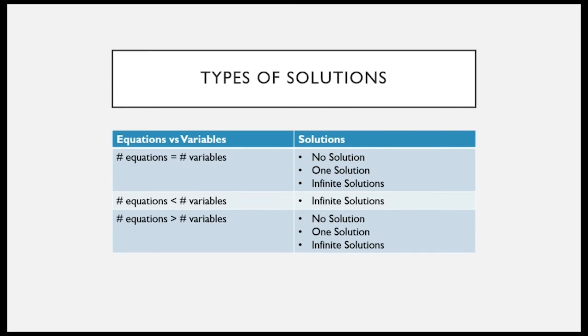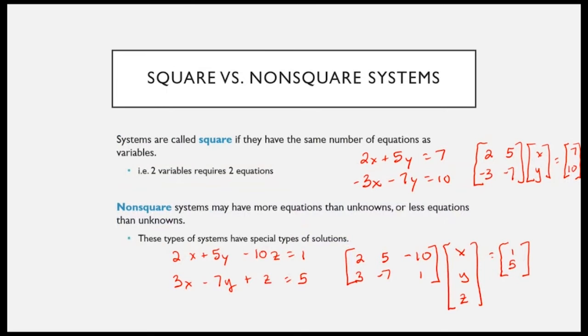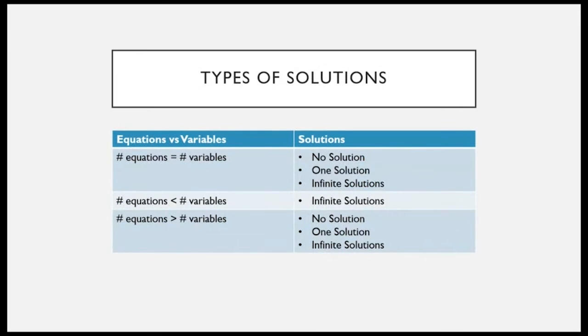If you have fewer equations than variables, like the non-square system I showed at the bottom, with two equations and three variables, then you have infinite solutions because you don't have enough information.